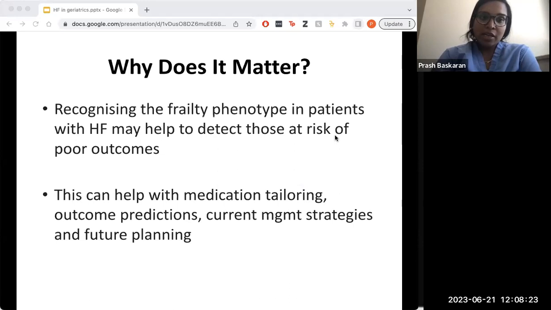Recognizing frailty and a frailty phenotype in patients with heart failure may help detect those who are going to have poor outcomes during hospitalization and at discharge. I think overall, this can help with medication tailoring, outcome predictions, current management strategies that you as a physician take, as well as future planning.